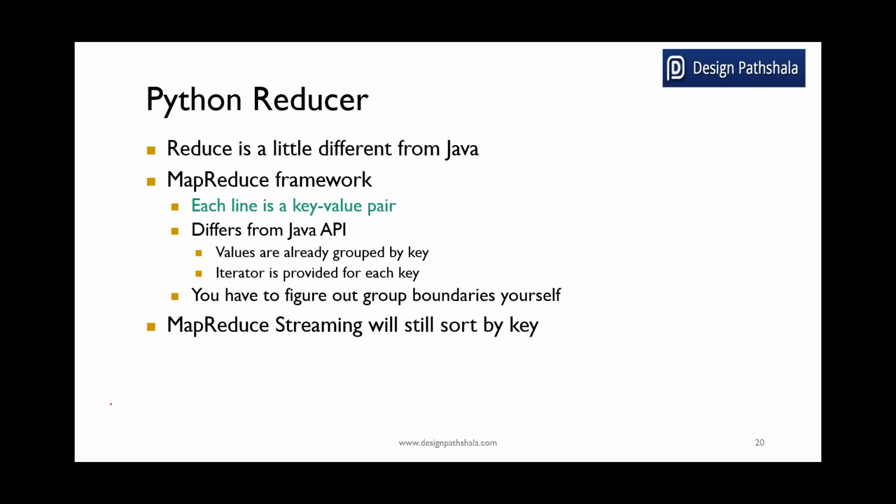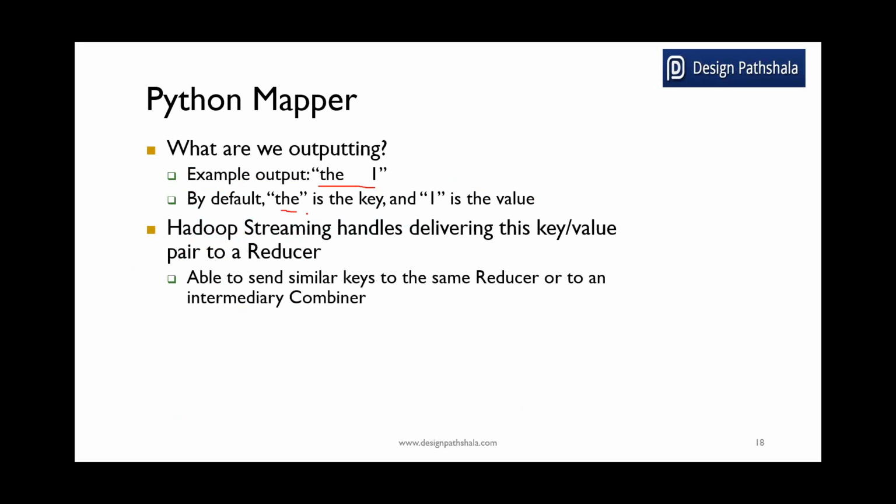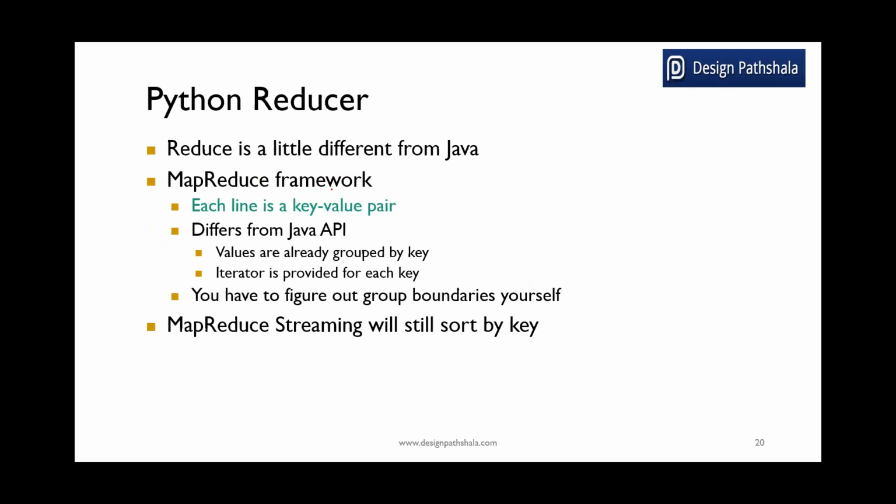But those key and value pairs would be sorted on the key. So say in this example I produce D as the key and 1 as the value, and there were 10 Ds in my program. All the 10 Ds will come one by one, and after that the next key after D in the sorted order will come. So you have to take care of that in the reducer part.